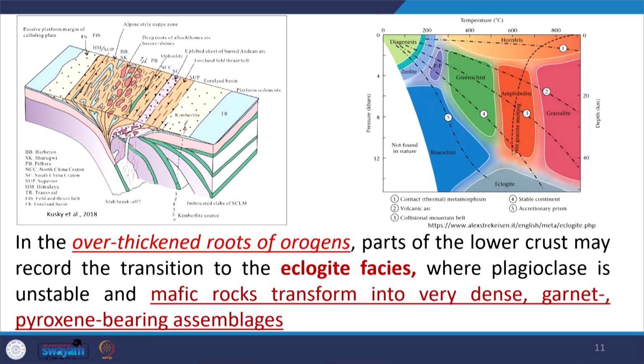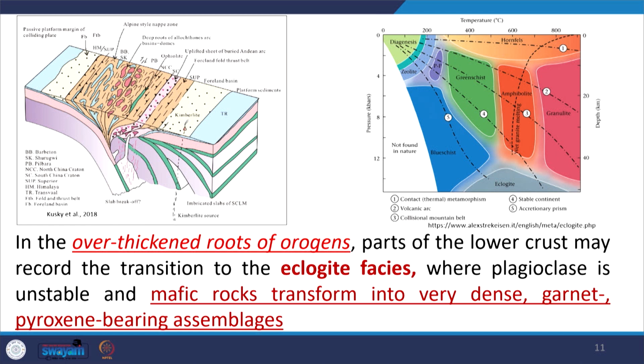Now, in the over-thickened roots of the orogens, part of the lower crust may be eroded and transition to the eclogite phases, where plagioclase is unstable and mafic rock transforms into very dense garnet pyroxene bearing assemblages.